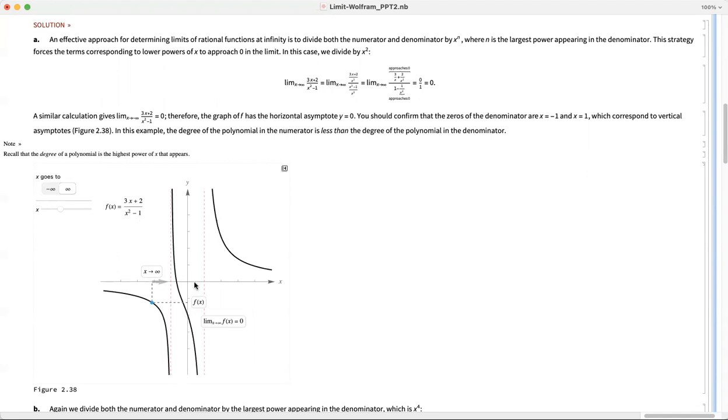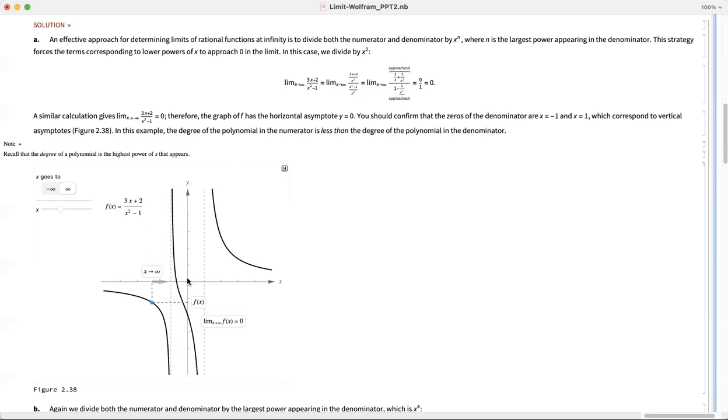And what about x approaching negative 1 from the right hand side? Then x is greater than negative 1, which means x could be negative 0.9 or negative 0.999. So x squared minus 1 is negative, right? And the 3x plus 1 is negative. So negative over negative is positive, right?